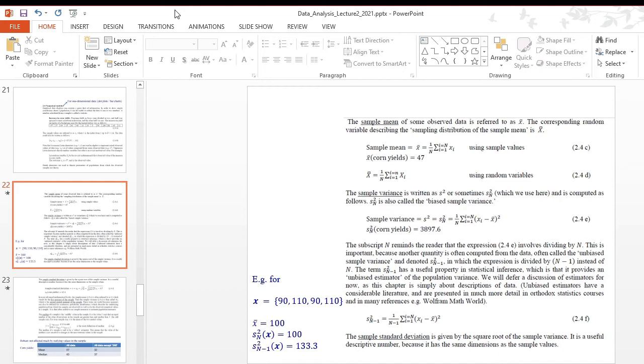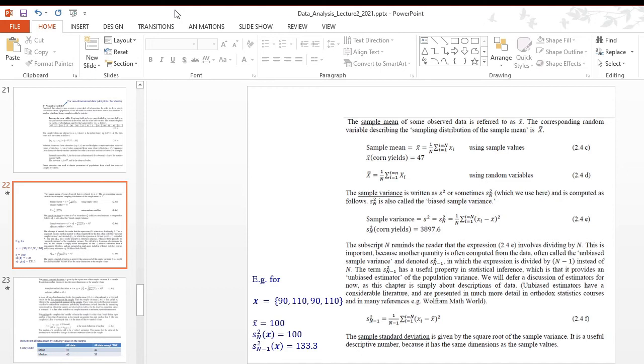Sample variance is something you'll have to deal with sometimes, and you will also have an option of how to deal with this on your calculator. You should be aware that sample variance, which is often written s squared, small s squared, if it's a descriptive statistic of some numerical values that you've got, has two different forms, equation 2.4e and f.